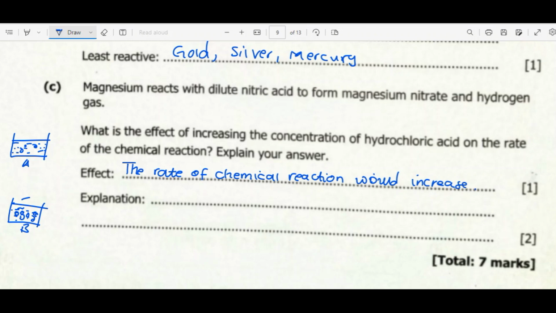Or we are saying that whenever we increase the concentration, we are increasing the collision effect of the particles.